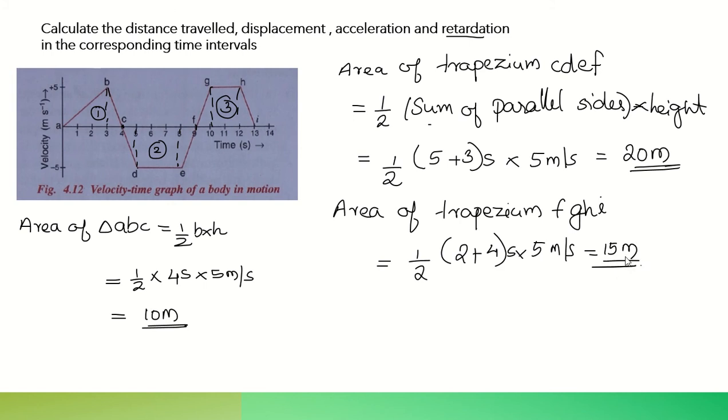This is 15 meter. Now the question is distance traveled and displacement. Okay. So what's the difference here? Here one of the graph is showing it's just going under the graph. That means it's in the negative axis. So the distance traveled is equal to the sum of all these areas we have calculated, that is 10 meter plus 20 meter plus 15 meter.